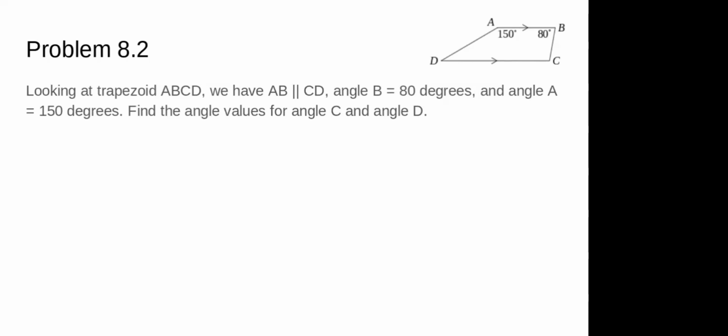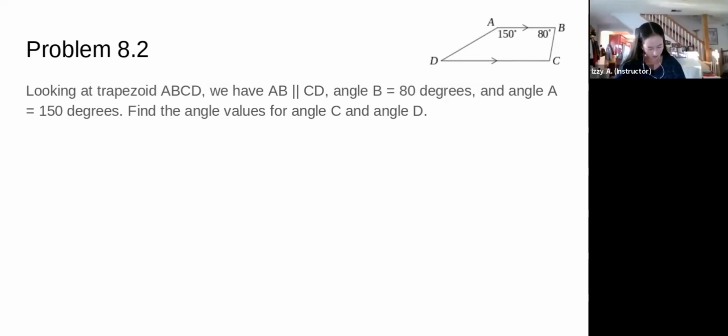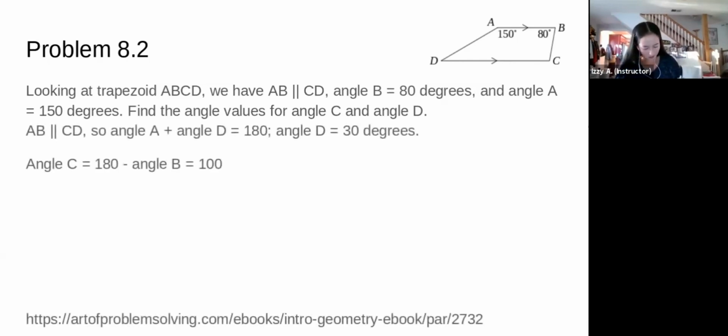Okay, I think I'll go ahead and solve this problem with you guys. I won't use the whiteboard for this one because it's not really difficult. Because AB is parallel to CD, we can figure out that angle A plus angle D is going to equal 180 degrees. Because we know what angle A is, we can figure out that angle D is 30 degrees.